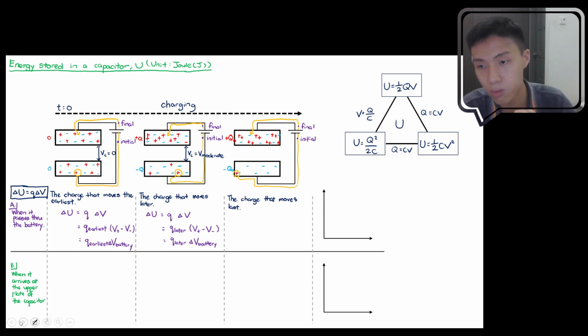Okay, so at this moment you can say that the potential difference over here is at its maximum already, and since it's connected to the battery, it should be equal to the voltage of the power supply. Okay, this one refers back to section 1.